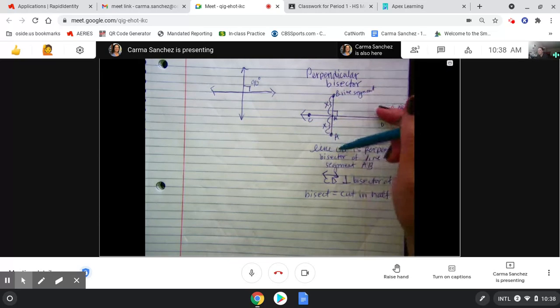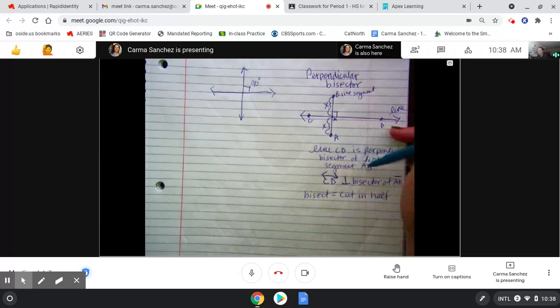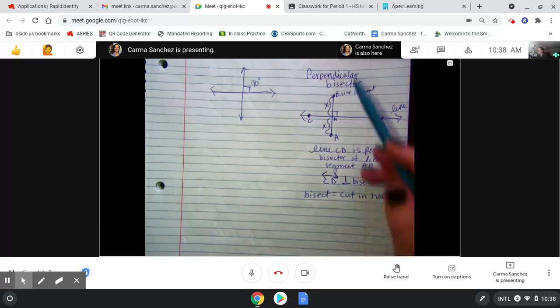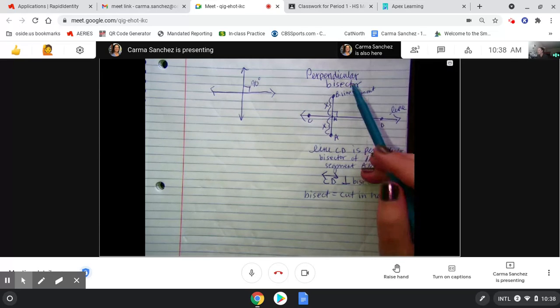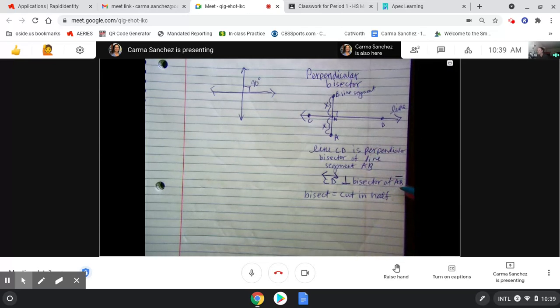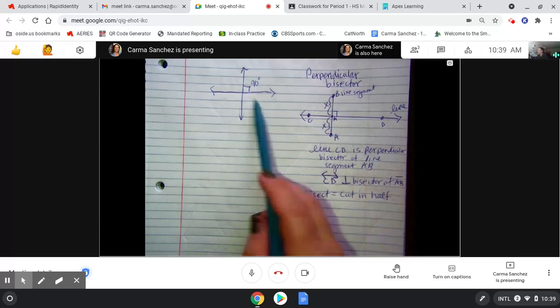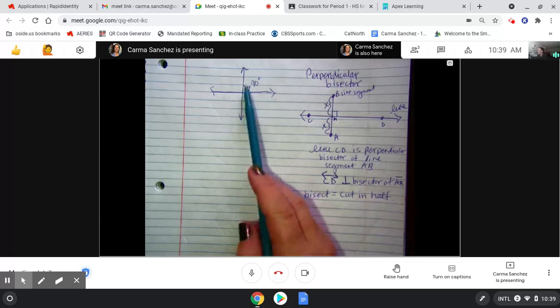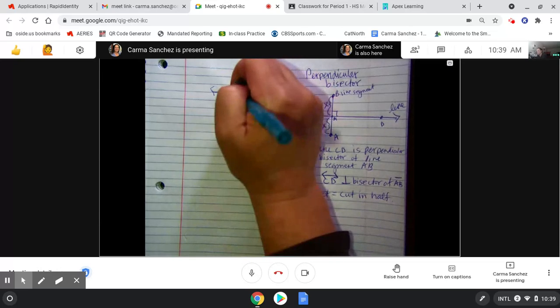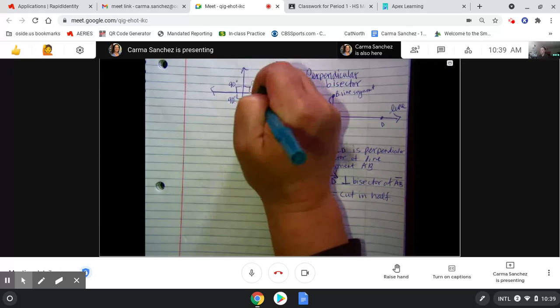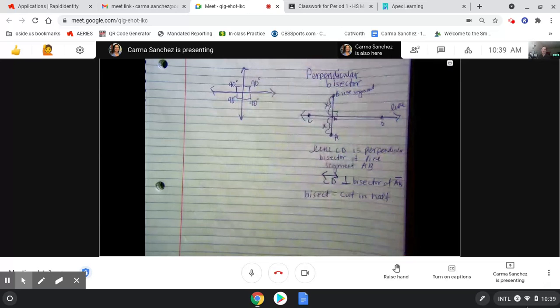So line CD is perpendicular bisector of line segment AB, with lines with arrows on the top and no arrows over this one. Bisecting means to cut in half. So a perpendicular bisector can only happen when there is a line segment with two definite endpoints. Just two perpendicular lines, the only thing we know about that is that they all form 90 degrees. Okay, that's our notes for today.